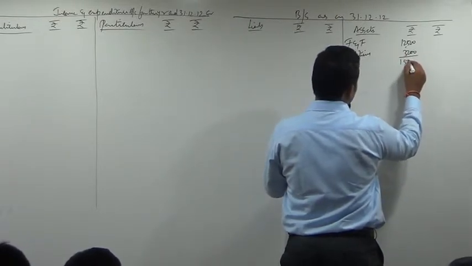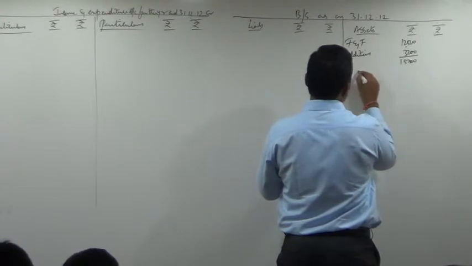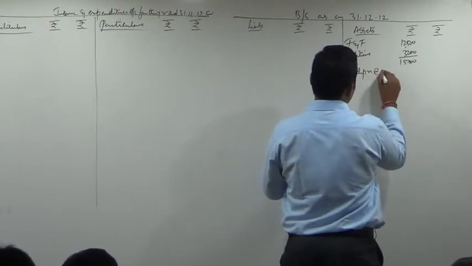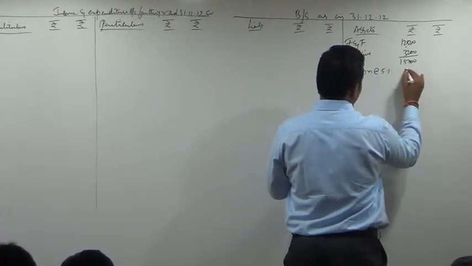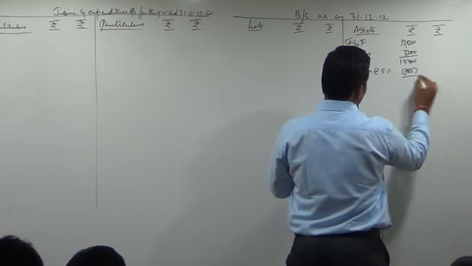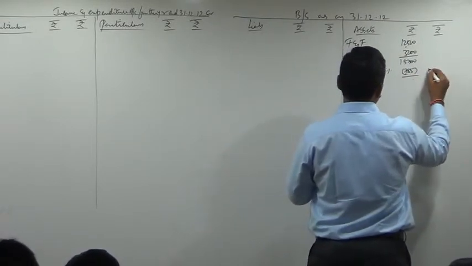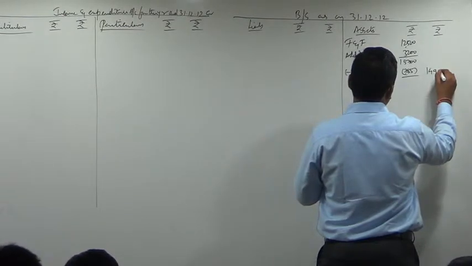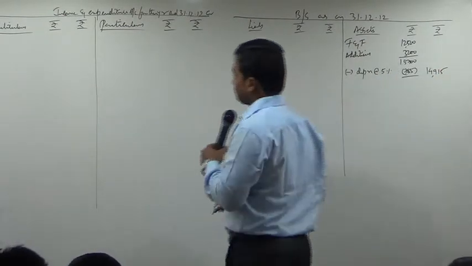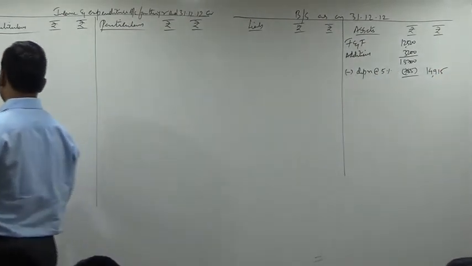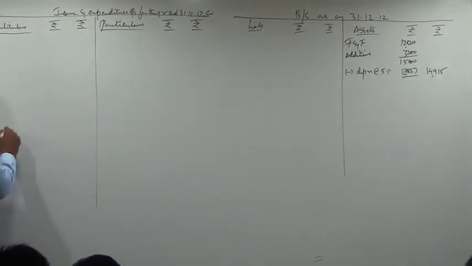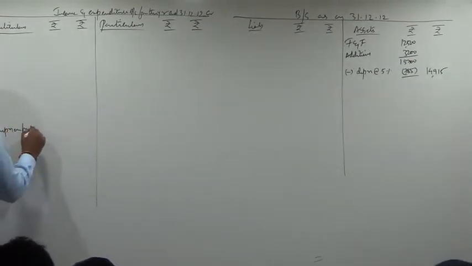Total is how much? 15,700. Less depreciation at the rate of 5%. How much? 785 net. To depreciation on furniture.